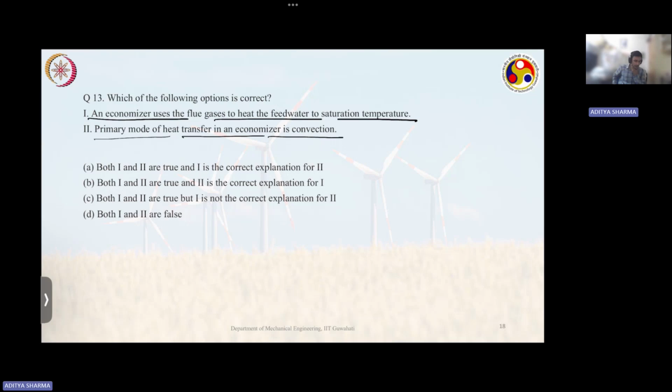So we have seen that first of all, the second statement is correct, right? And then the first statement says that an economizer uses flue gases to heat your feed water to saturation temperature.